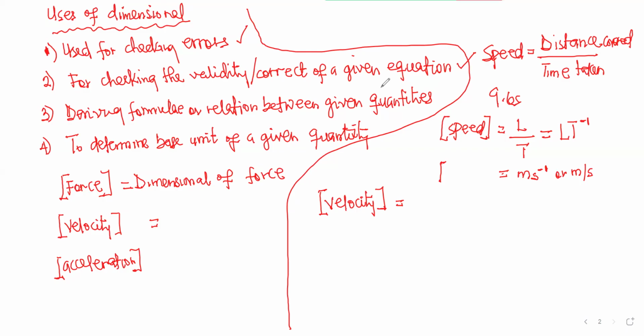What you are saying is correct, but it can only be connected to one particular quantity, which is displacement. So a vector quantity is any quantity with both magnitude and direction.